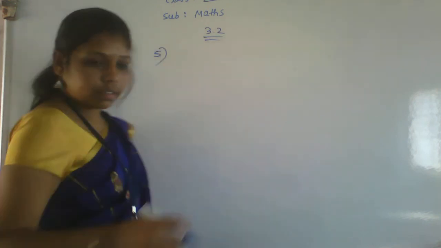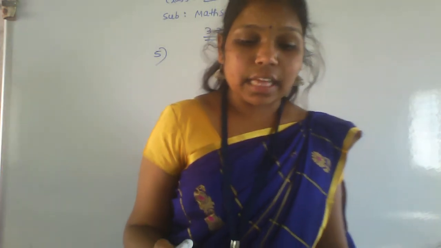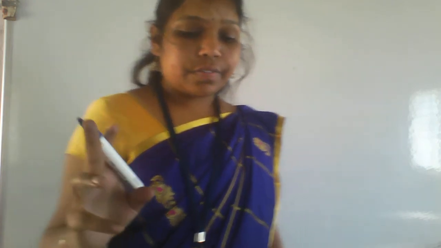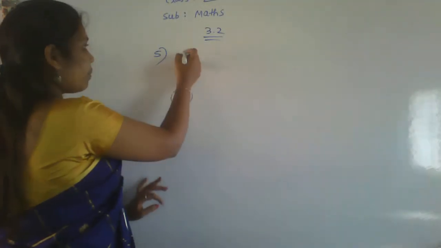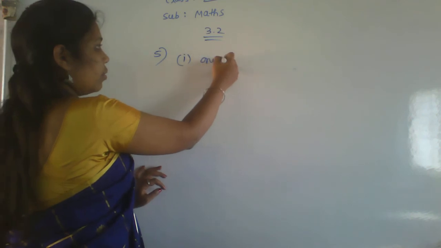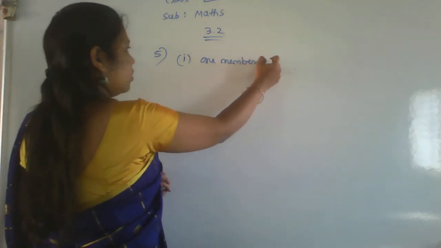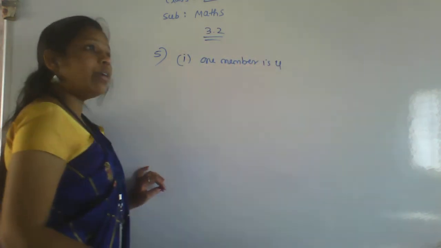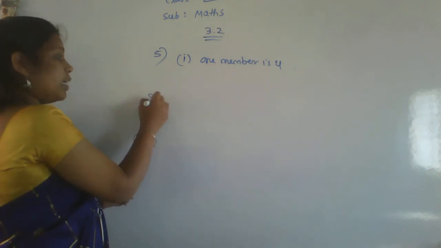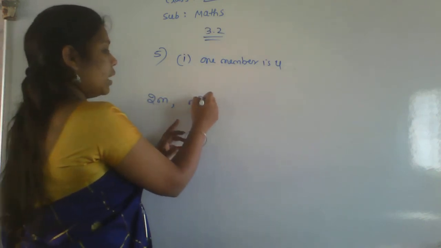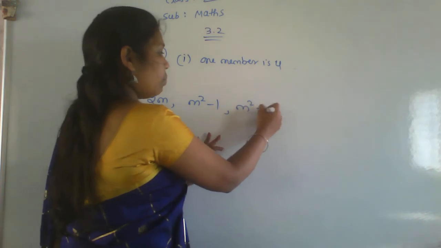Exercise 3.2, fifth main. Find a Pythagorean triplet for which one member is 4. Usually the Pythagorean triplets are in the form of 2m, m square minus 1 and m square plus 1.